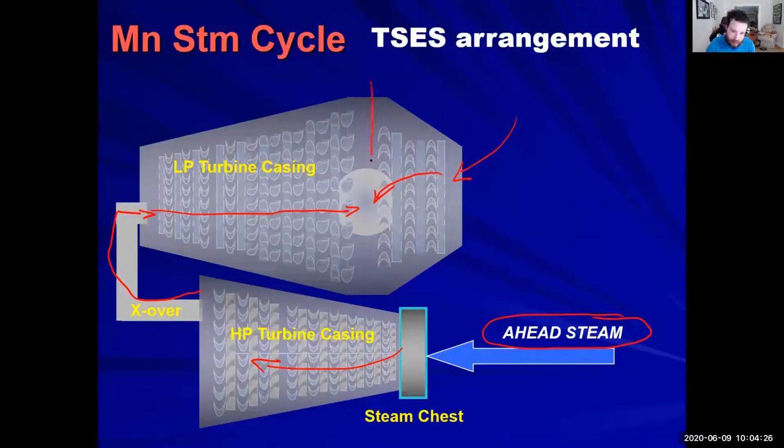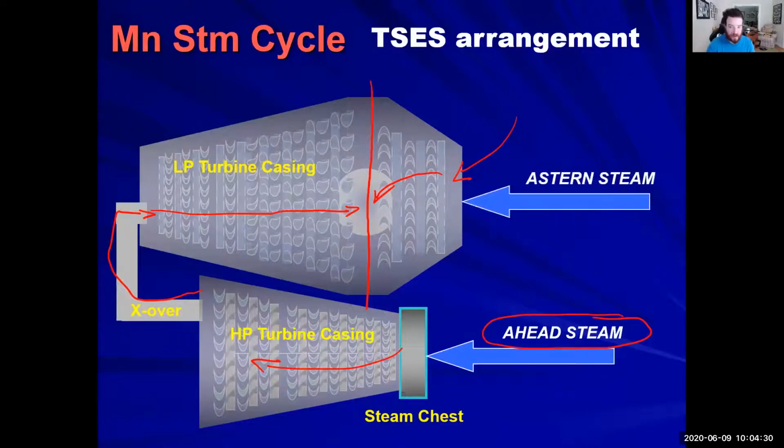You can almost draw a line right here where astern steam exists only on this side of it, and your ahead exists on this side. There is no physical barrier, but what is happening inside of it is the drawing of that low pressure condenser. That condenser is almost at a perfect vacuum, and we have such a high pressure in this LP turbine that it's going to be sucking whatever comes its way down in there.